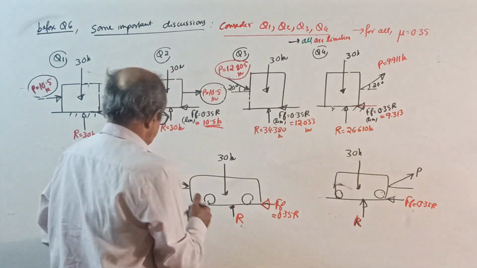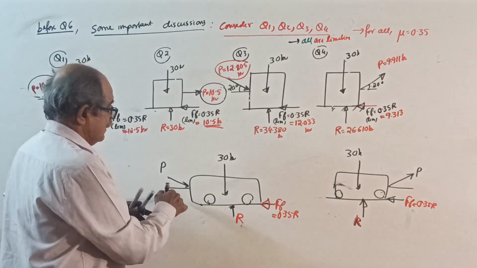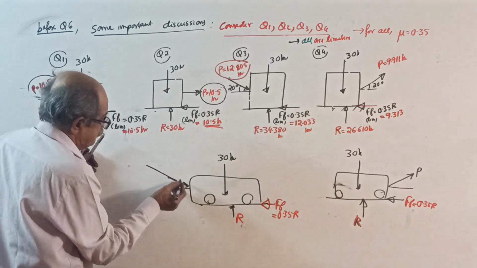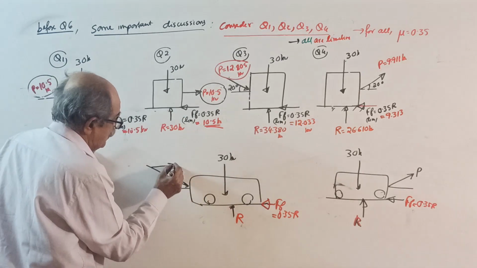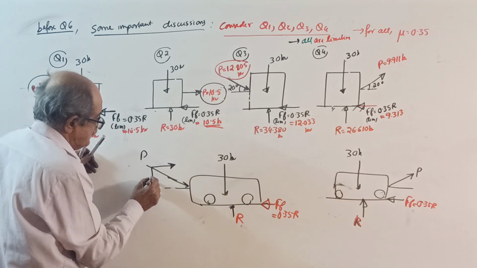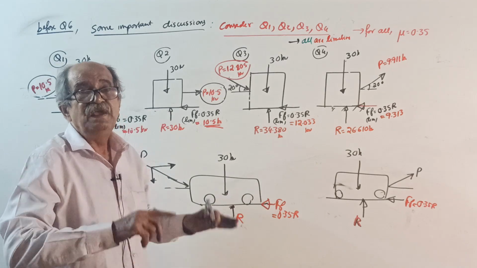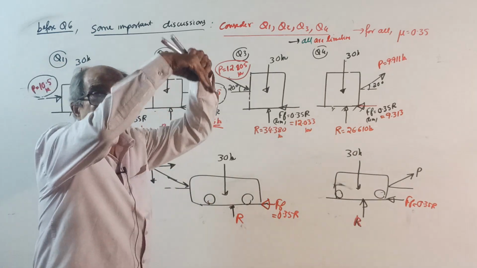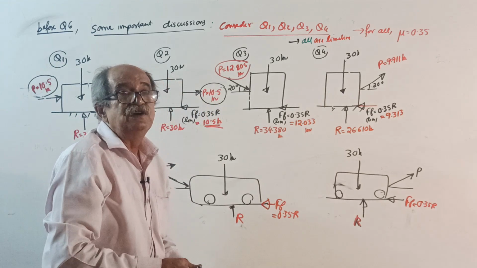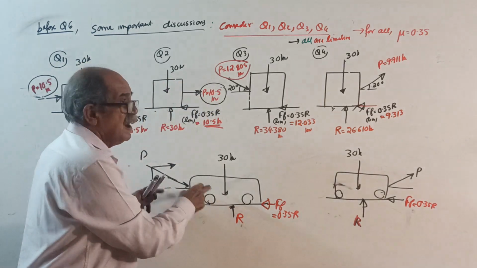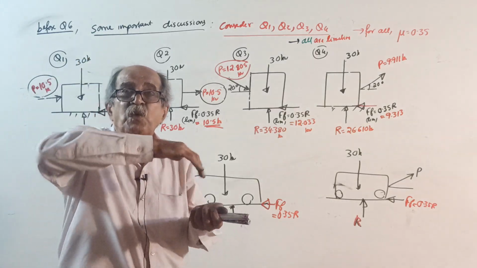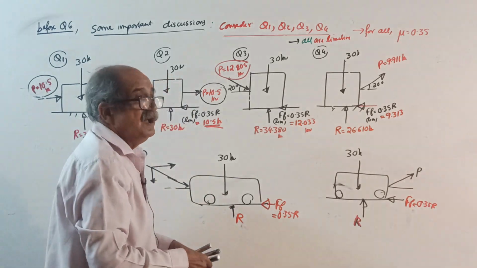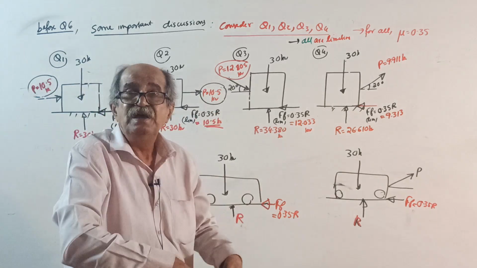Then P, here you apply an inclined push. When you apply a force, it will have a horizontal component and a vertical component. The horizontal component is responsible for moving the car. The vertical component will press the car down, so the pressing effect on the road is more.